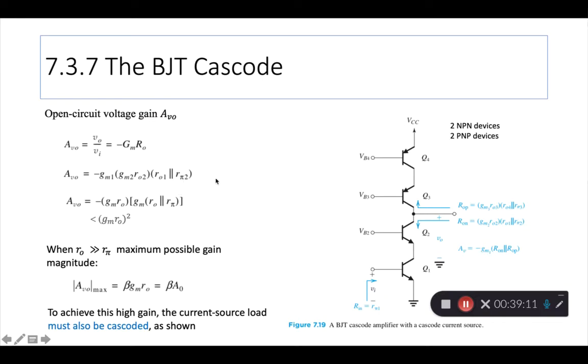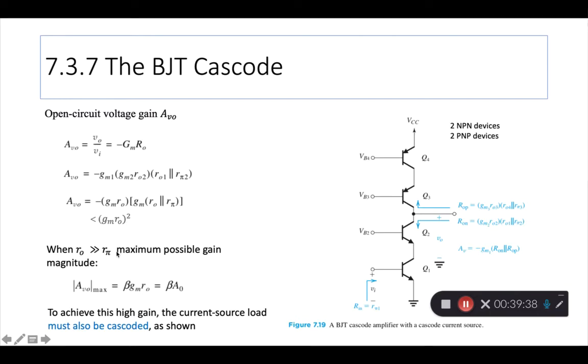This derivation is shown in our textbook, and this can be simplified to this, which is shown to be always less than GM RO squared. So if all these devices have the same GMs and ROs, then the AVO will be high, but it will be less than GM RO squared.